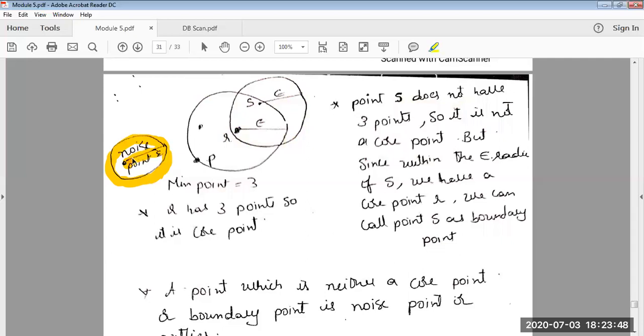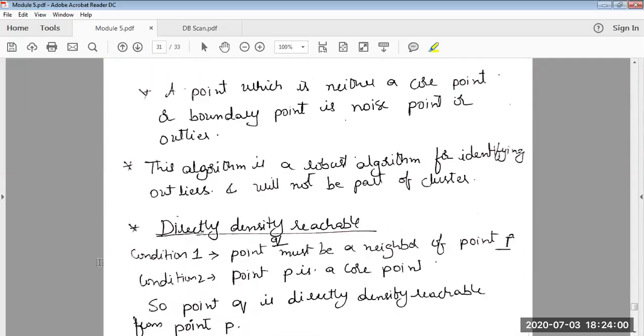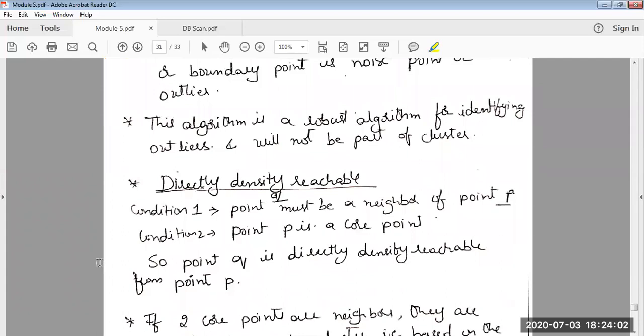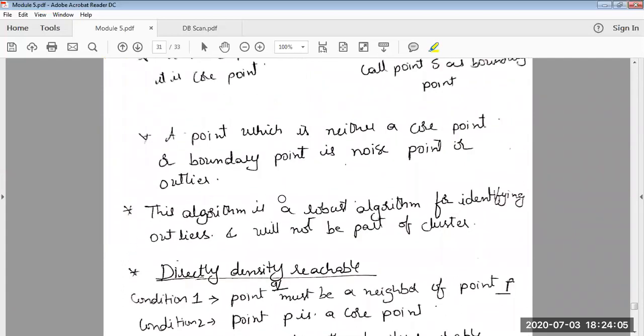In that case, such a point is called a noise point. It's a complete outlier. Such points are called noise points. That is what I have written here: a point which is neither a core point nor a boundary point is a noise point or outlier.